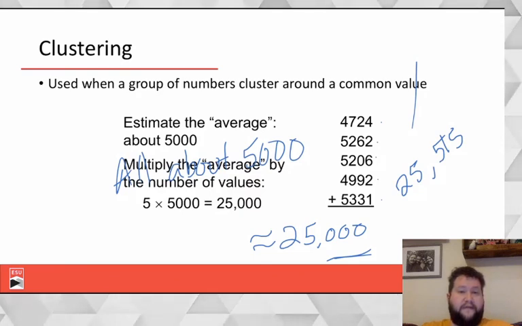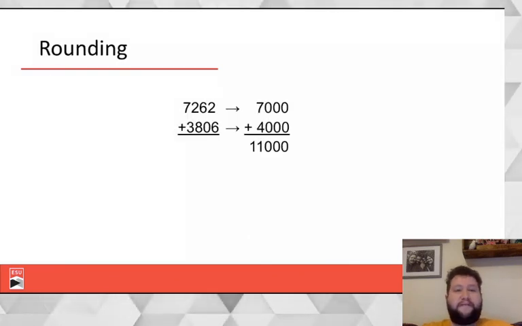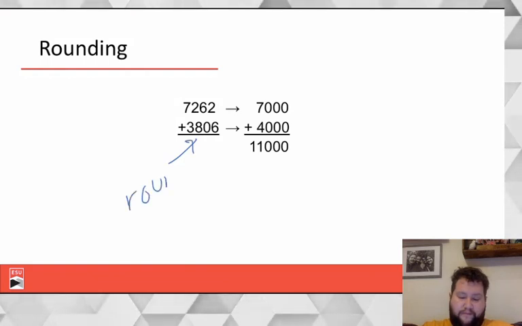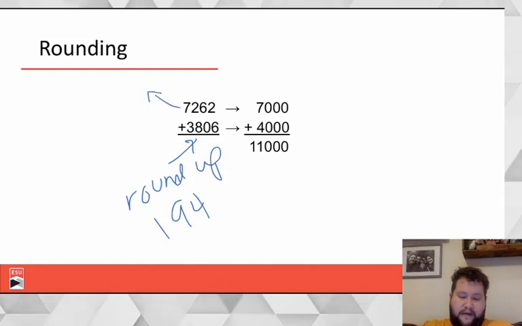Oh, and so there's the next step behind my writing. Rounding, that's probably the most direct. 7,262 is about 7,000. 3,806 is about 4,000. It's going to be about 11,000. And since this one ended up the second number, we round up 194, and here we round down 262.